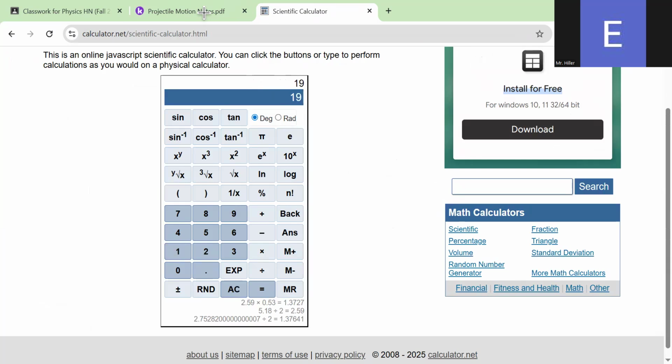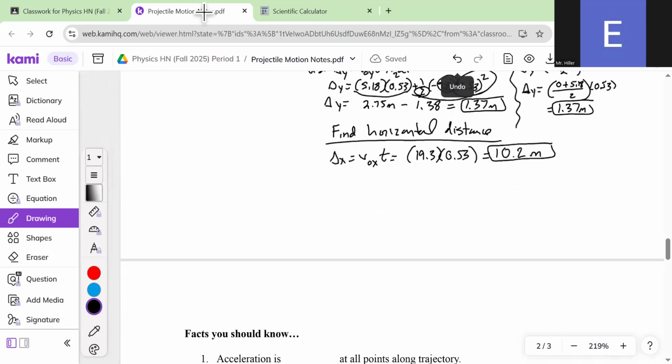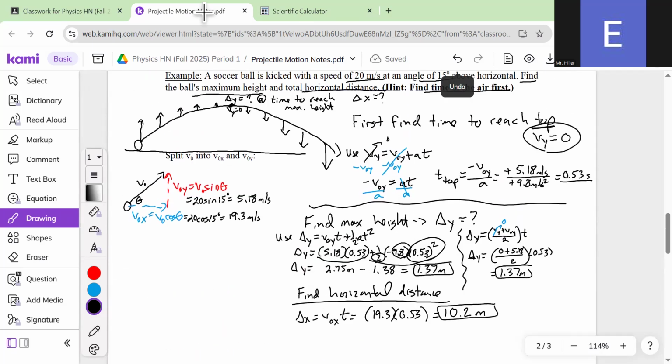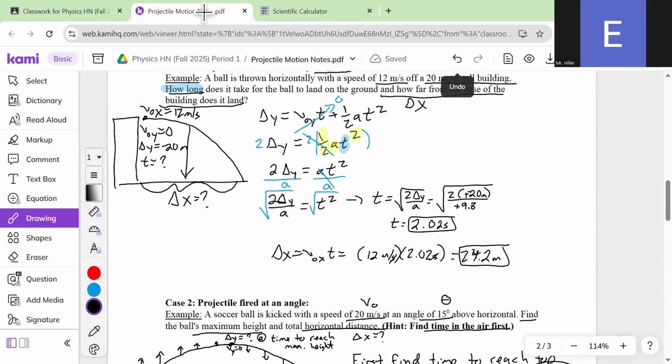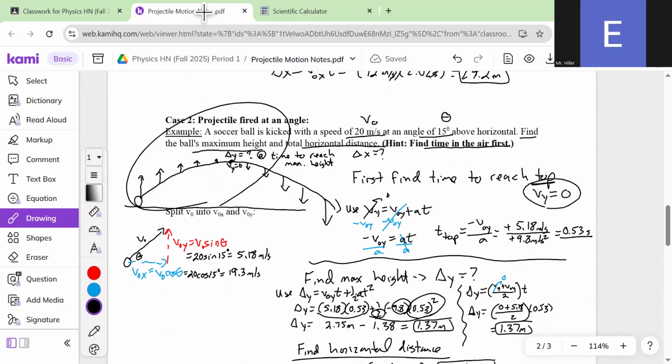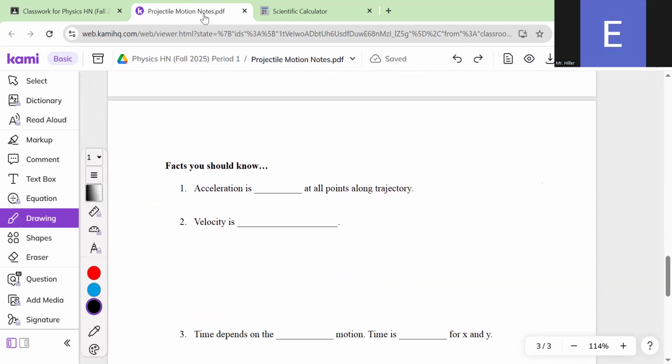So 19.3 times 0.53, and we're looking at about 10.2 meters is how far it's flying through the air. So that's one example from each type of projectile problem. This is called a horizontally launched projectile, and this is called an angle projectile because it's launched from an angle. So a couple things we should know.